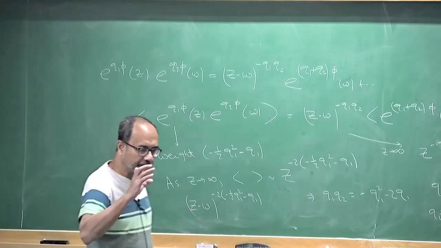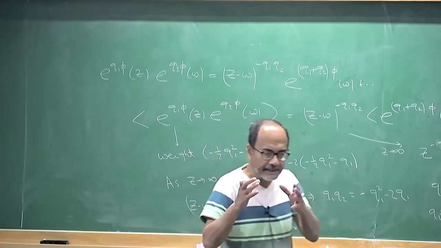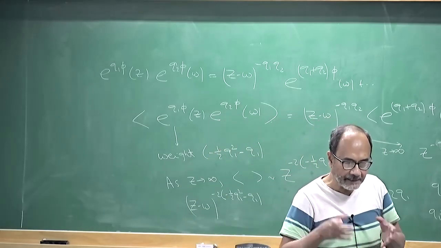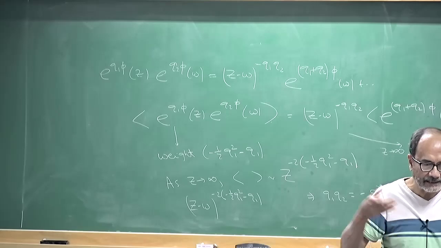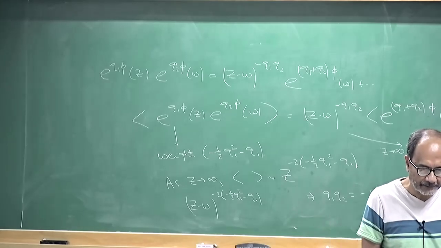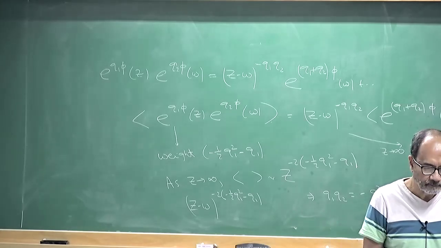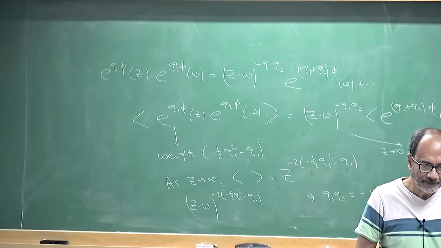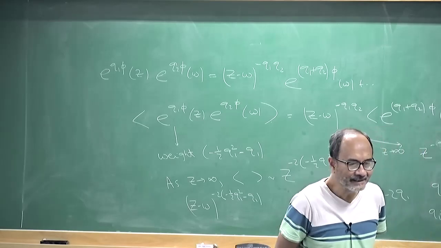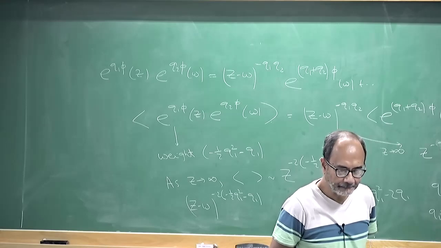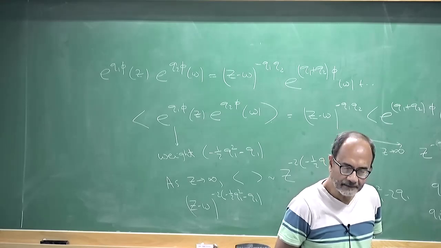The 2-point function of operators of dimension h1 and h2 is z minus w to the minus 2h1, and the h2 dimension has to be equal to the h1 dimension. So q1 equal to q2 is not consistent.